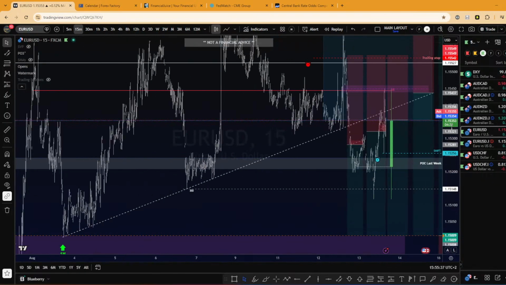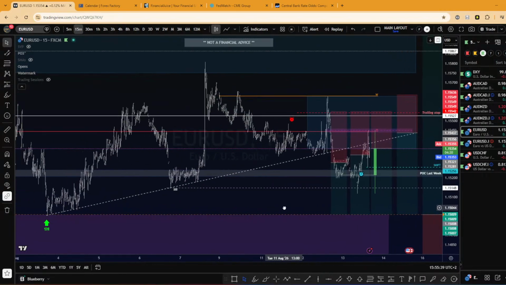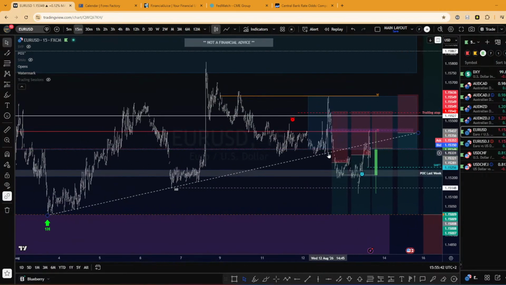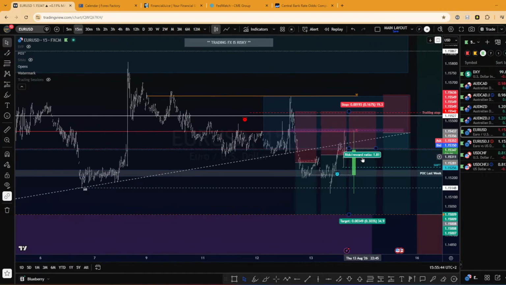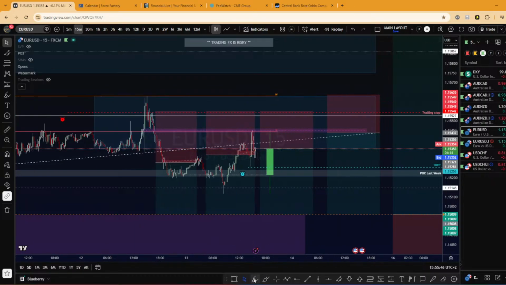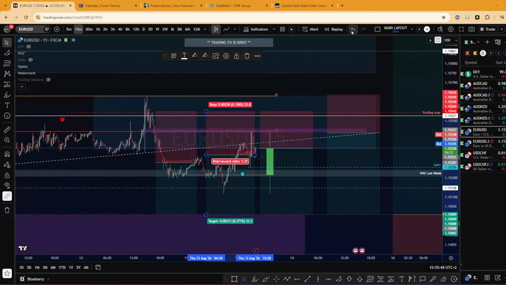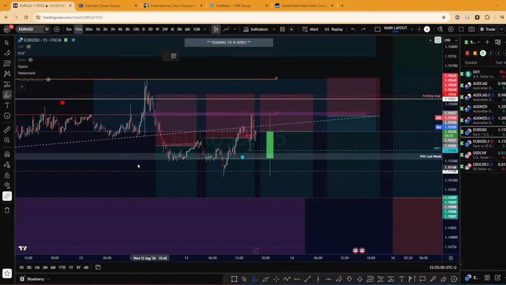But technically, it makes sense that we continue to drop. Clearly, we broke this trend line, we closed below. We are kind of rejecting this. Excuse me.